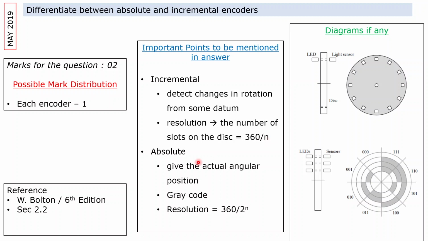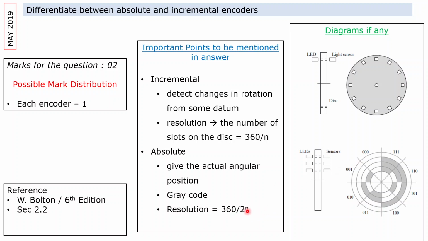In an absolute encoder, it gives the actual angular position. This is an example of an absolute encoder, where you can understand the actual angular position of the shaft. There are two types of codes used: binary code and gray code. The resolution is given by 360 degrees divided by 2 raised to n, where n is the number of bits.